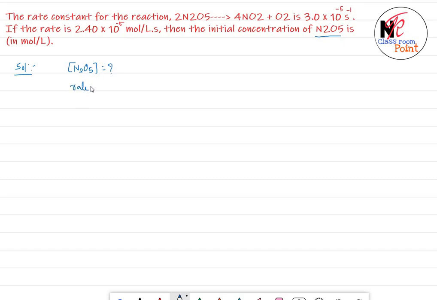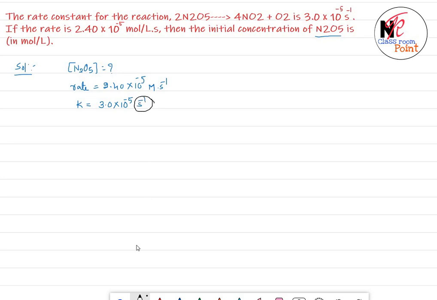So rate is equal to 2.40 into 10 power minus 5 moles per liter, in the sense molarity, per second. And the other value given is the rate constant K, that equals 3.0 into 10 power minus 5 per second.